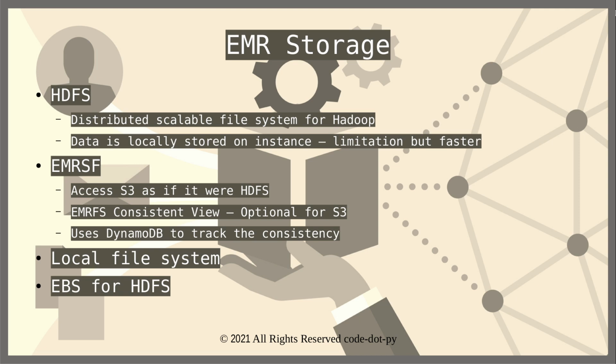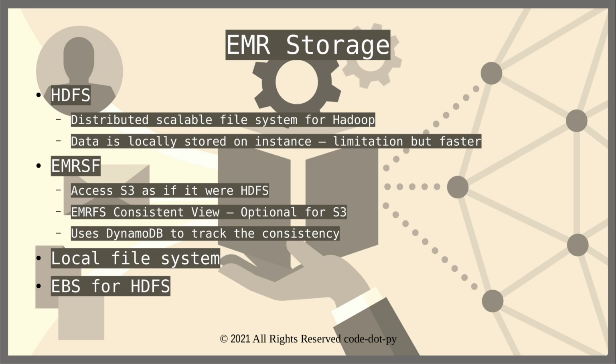Now when we talk about EMR storage, the primary type of storage is HDFS, which is the classical Hadoop infrastructure for storage. It is a distributed, scalable file system that is default to Hadoop. It actually stands for Hadoop Distributed File System. The advantage with this is that the data gets stored locally on the instance.